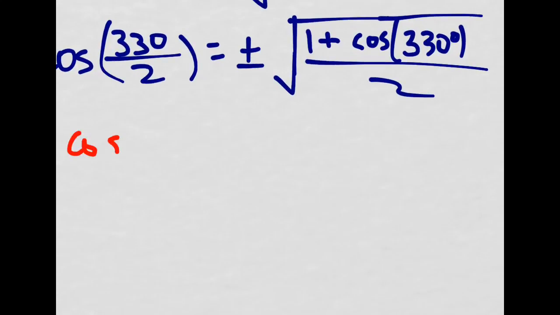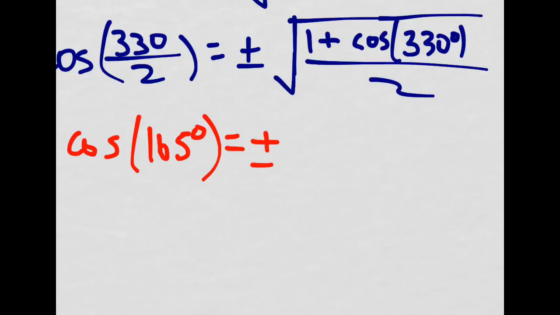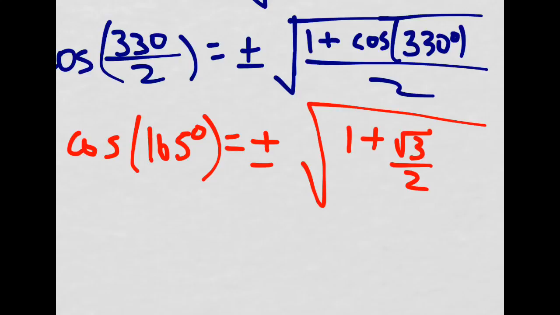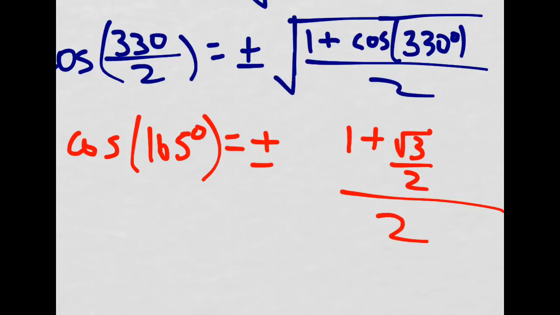So from here, 330 divided by 2 is 165, which is what we wanted to get from the problem it gave us. Plus or minus the square root of 1 plus the cosine of 330, which is root 3 over 2, and then over 2. And this whole thing's under the root. So don't forget that. The whole problem's under the square root.